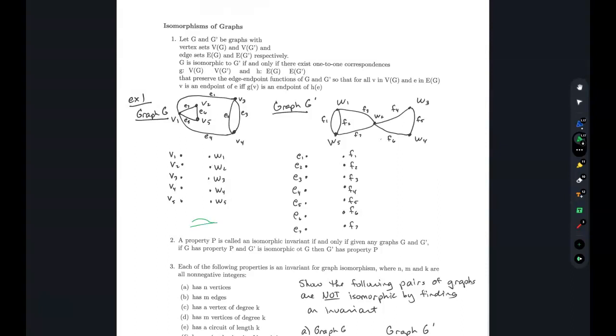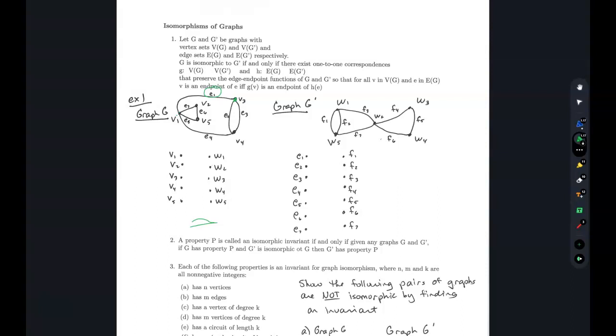where I did this in class. So let's finish this off with finding out the isomorphism, so matching the edges. So E1 is here, and it's connected with a vertex of degree 3 and a vertex of degree 4.